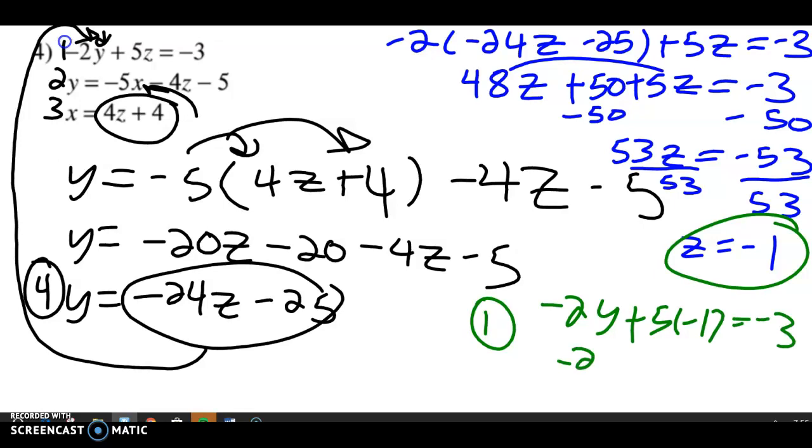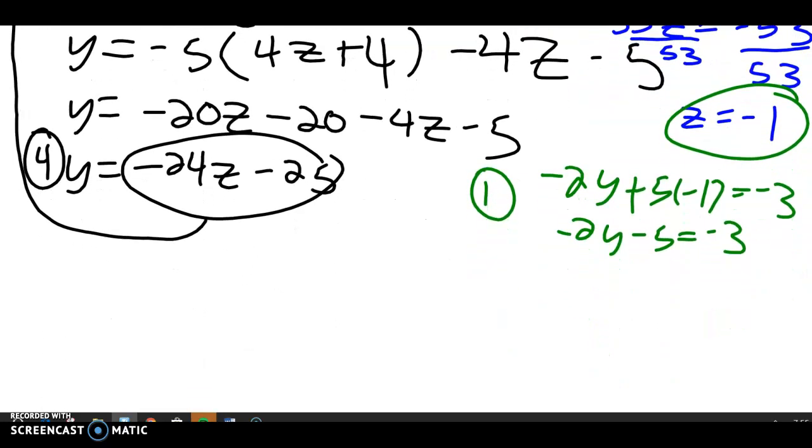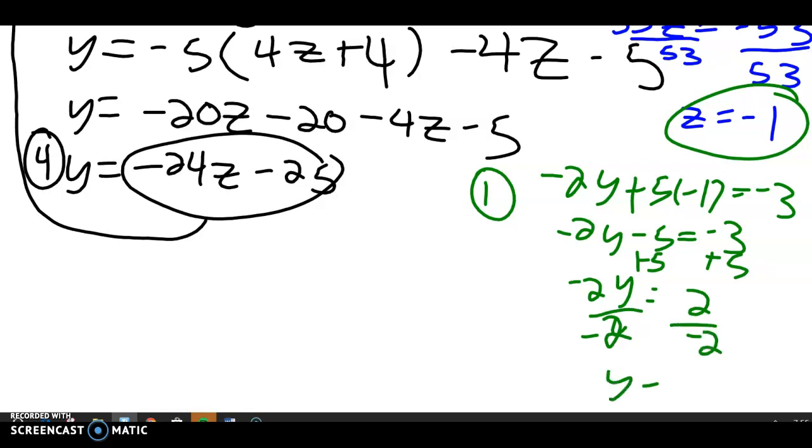As I solve, I find that negative 2y is equal to positive 2. When I divide by negative 2, I get y is negative 1. So I have negative 1 and negative 1.